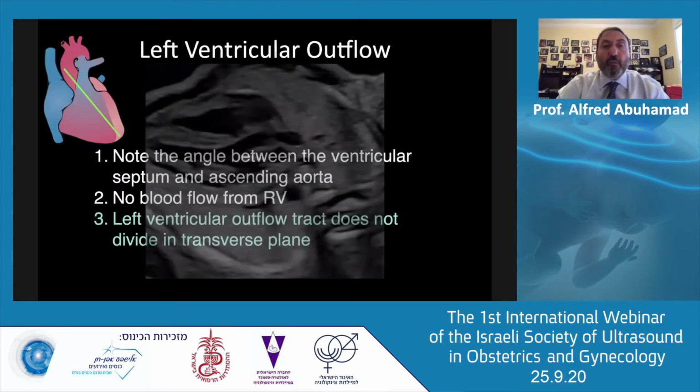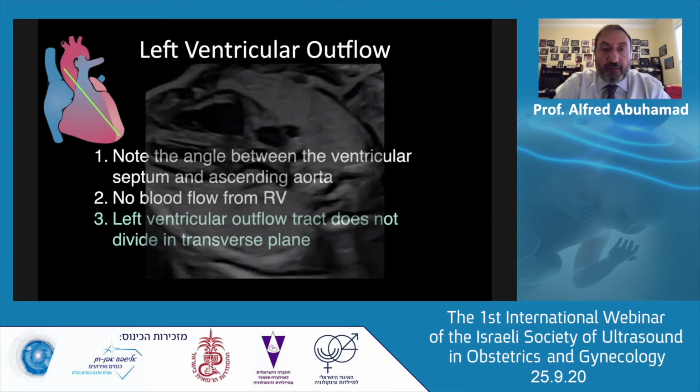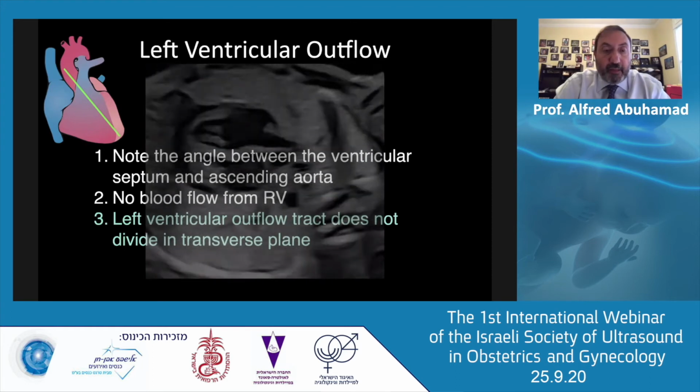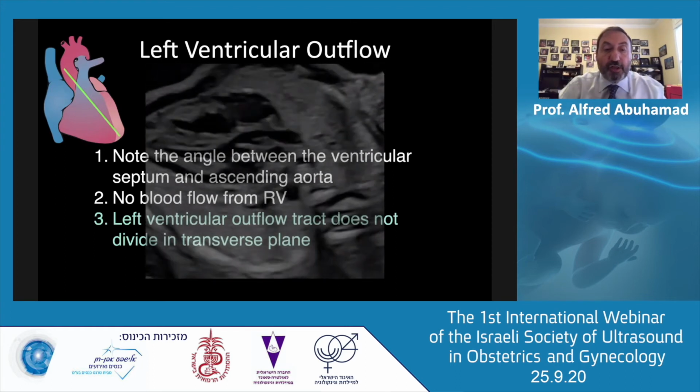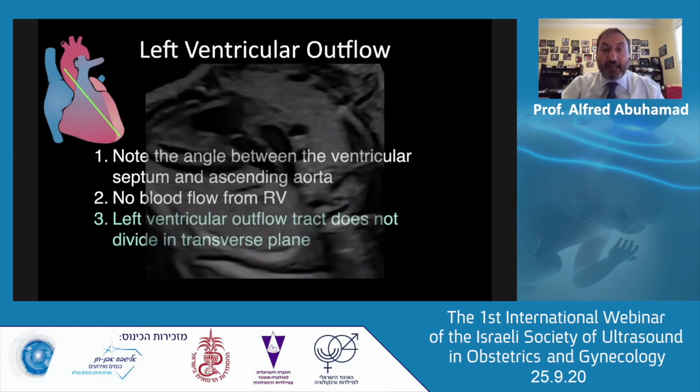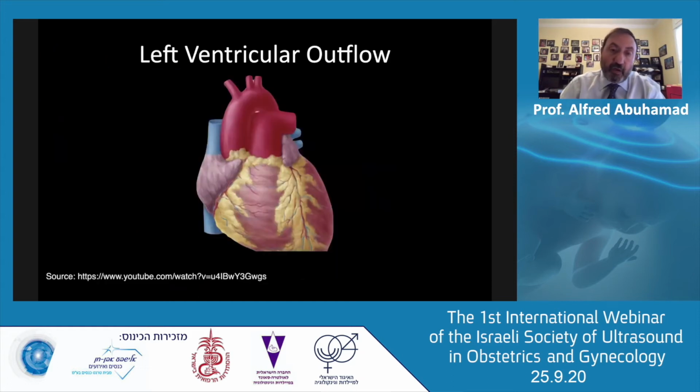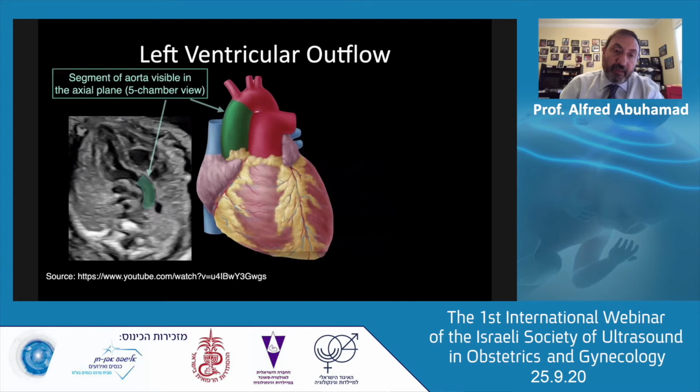So the third most important characteristic of the left ventricular outflow tract is that it should not divide in the axial or transverse planes. So the ascending aorta does not give any branches before it becomes the aortic arch. So when you have an axial plane and you look at the LVOT, this vessel right here, the aorta, you should not see any branching coming out.